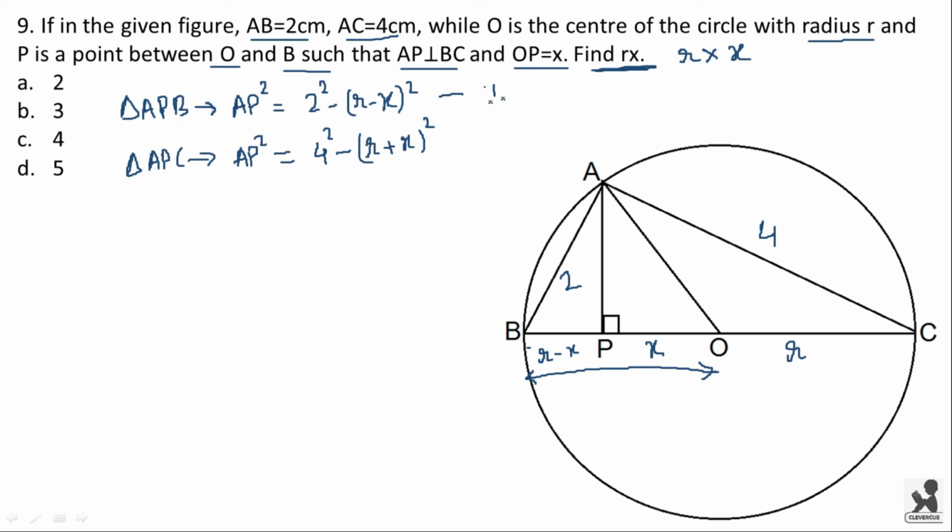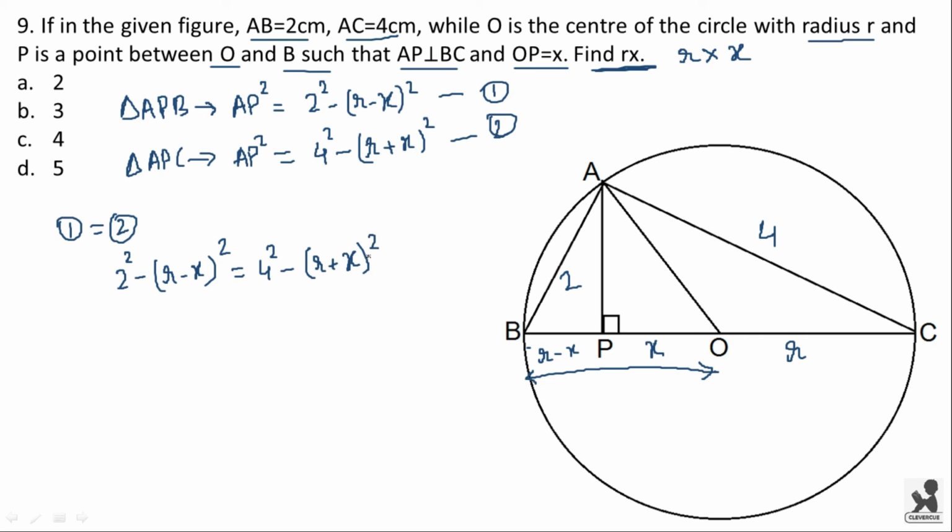Now by equating these two equations, here AP square is equal to AP square, so we can equate them. We get 2 square minus (R minus X) whole square equal to 4 square minus (R plus X) whole square.